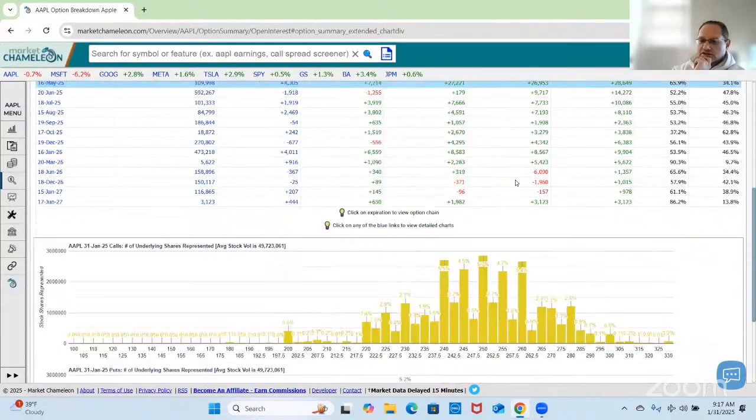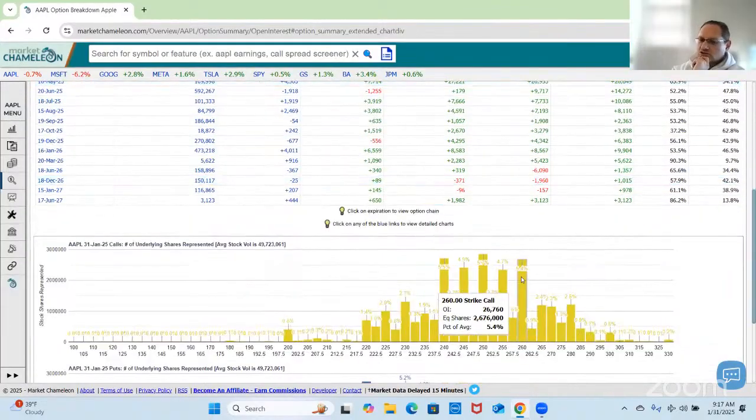So the idea there is to spot, these percentages are saying the open interest represents 5.4% of the average daily option volume in Apple. This is saying 5.7%, 4.7.